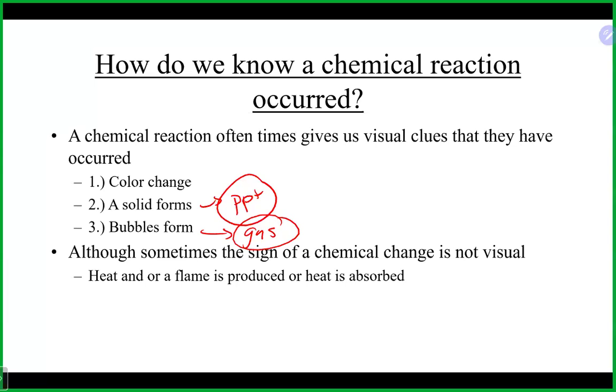Also, if the test tube gets really, really cold, that's probably also a chemical reaction, because it's sucking the heat and energy out of your hand in an endothermic reaction, and that's why your hand feels cold.